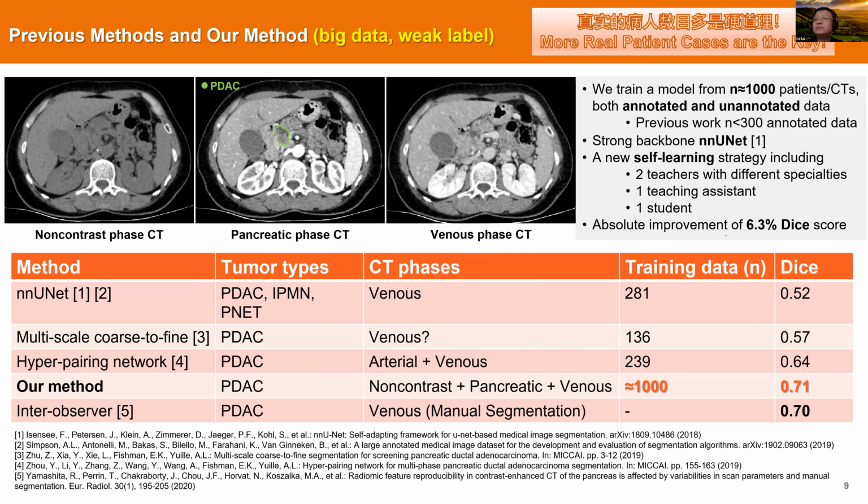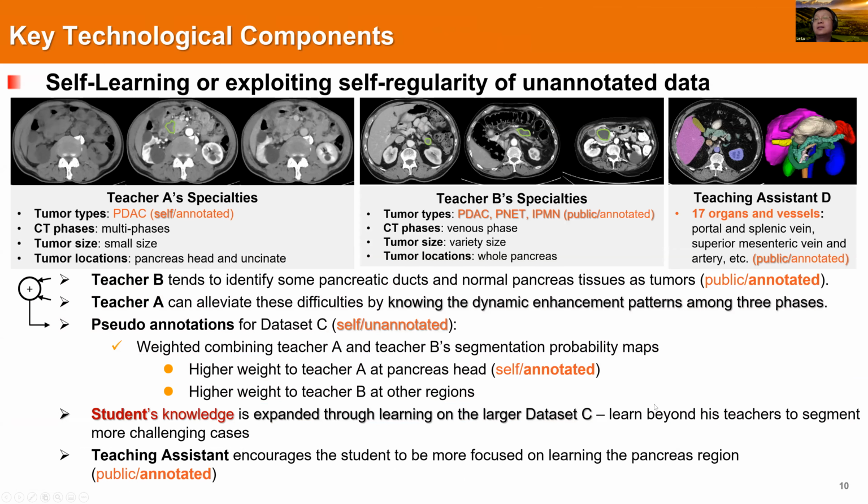So this is basically the technology flow chart. I don't have time to go into detail. You can read the paper. I have a reference here. So basically, we have a student-teacher model. We even have a teaching assistant. Basically, we try to gather all the information from everywhere, even though it is annotated at different levels. So we use technology innovation to bridge the gap, so we can learn from whatever.